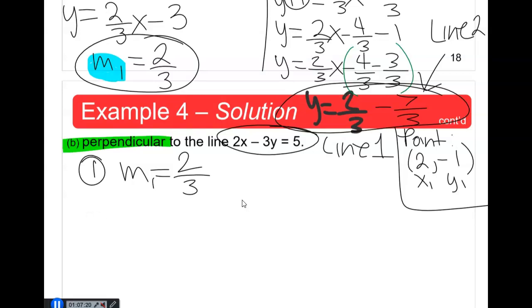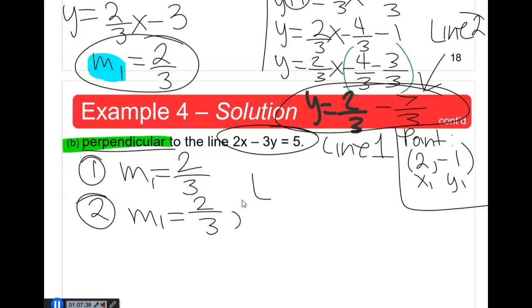Now the second step is to recall that if we want perpendicular lines, m sub 1 will be 2/3. So therefore, the line that will be perpendicular to it, and I'm going to call this line 3, because we already have a line 2 here. So line 3, the one that is going to be perpendicular, is going to have the negative reciprocal slope.